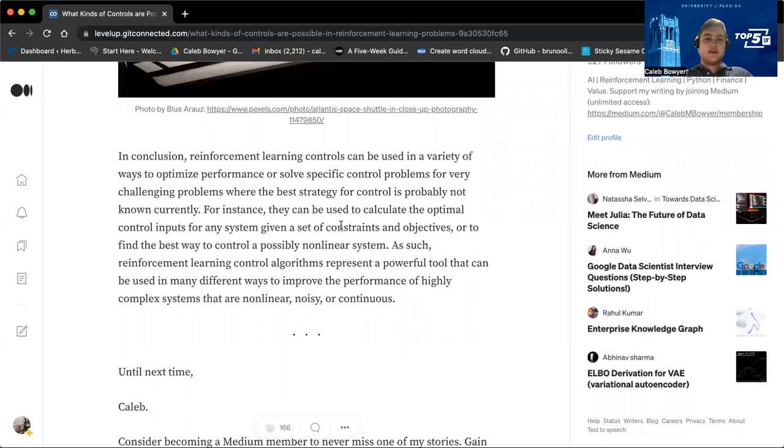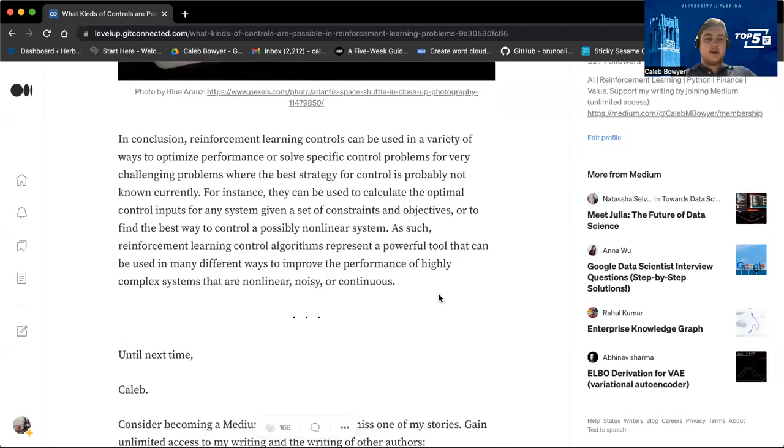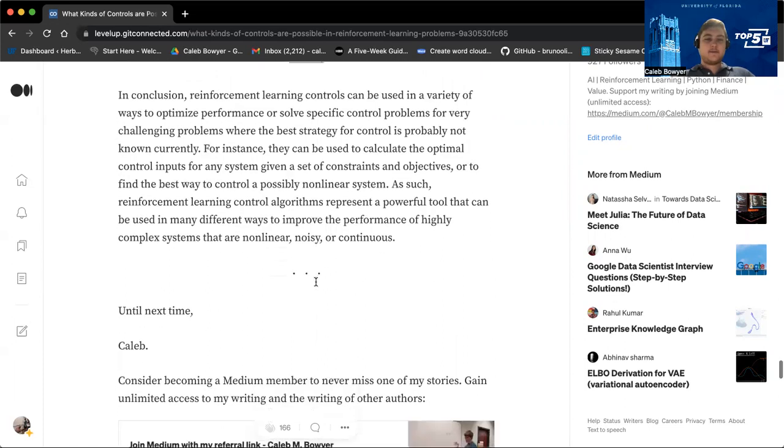For instance, they can be used to calculate the optimal control inputs for any system given a set of constraints and objectives, or to find the best way to control a possibly nonlinear system. As such, RL control algorithms represent a powerful tool that can be used in many different ways to improve the performance of highly complex systems that are nonlinear, noisy, or continuous.